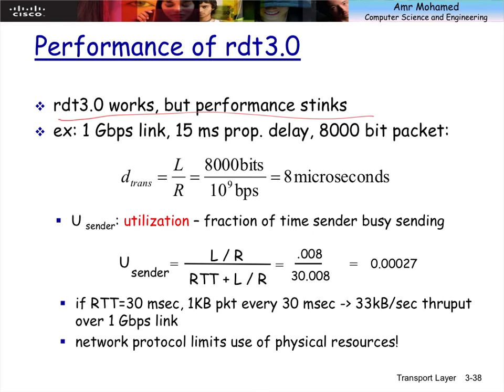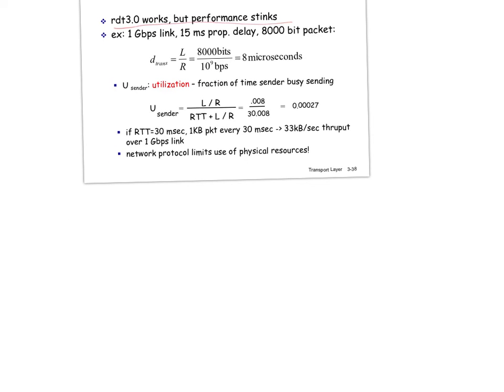So in order to highlight this notion, we will come up with a metric to estimate the utilization of the channel. To highlight this graphically, let's say this is the sender and this is the receiver.